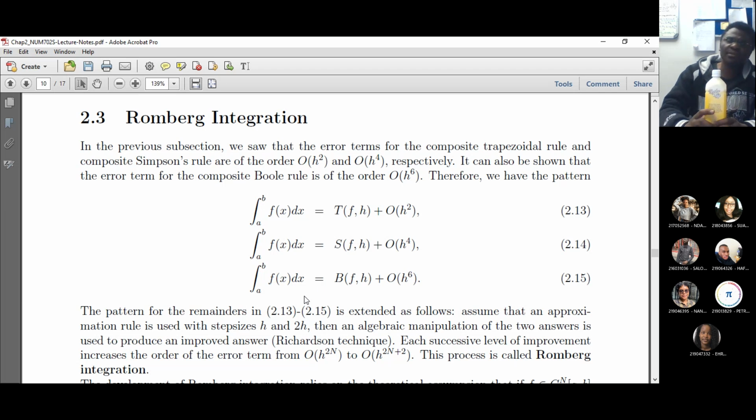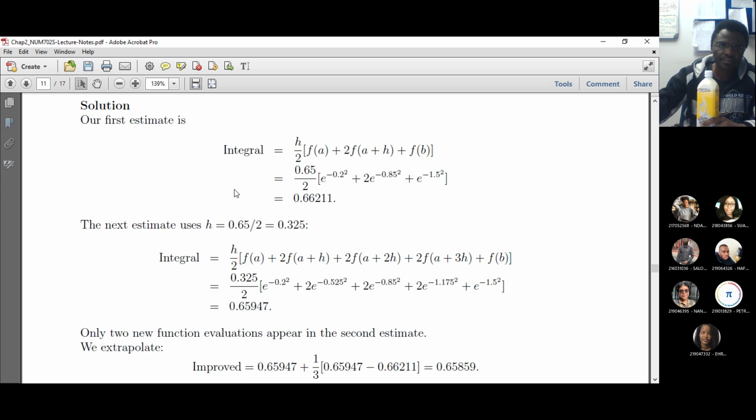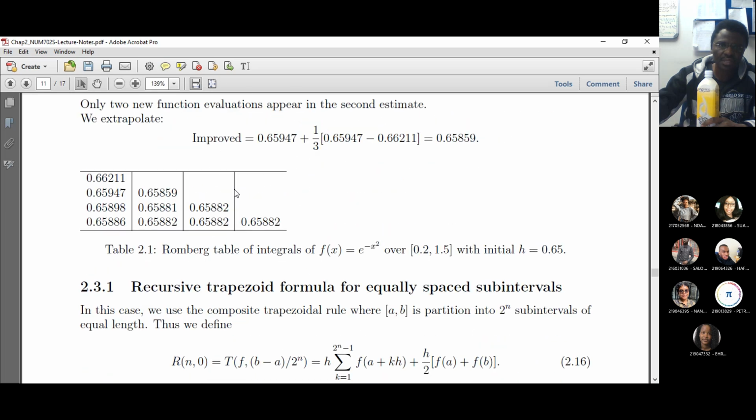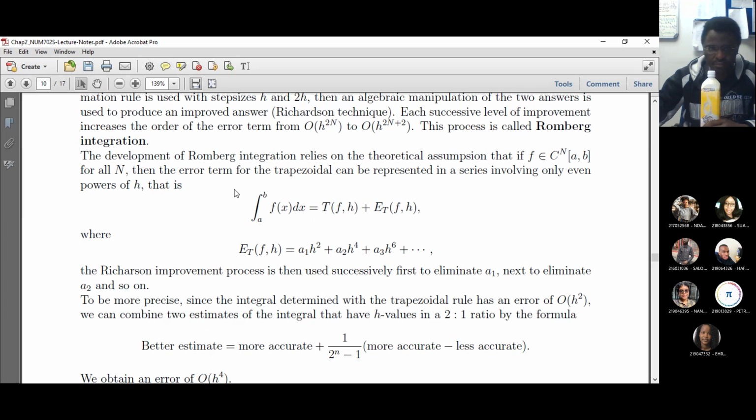The principle is exactly the same, as you will see. Yes, we did the differentiation, but this time we are talking about integration.